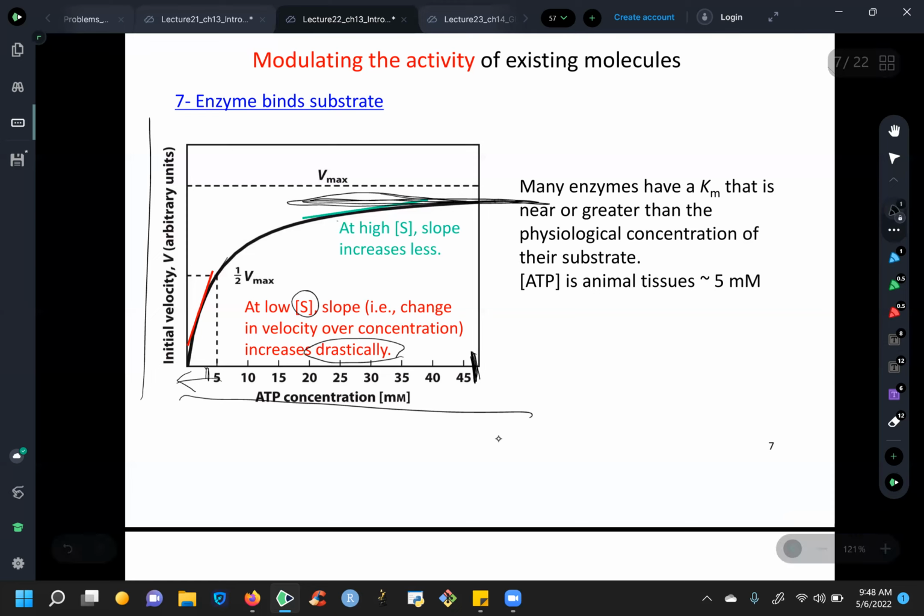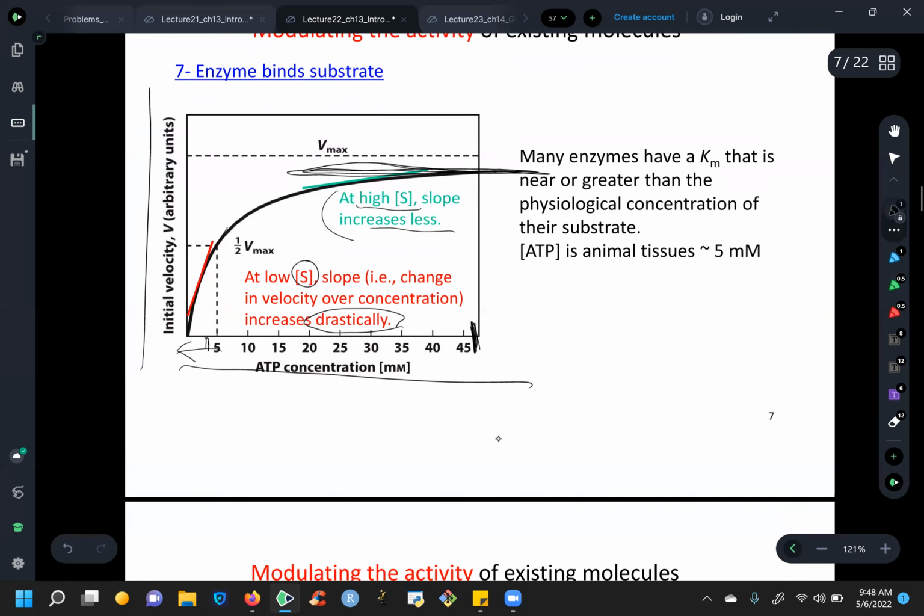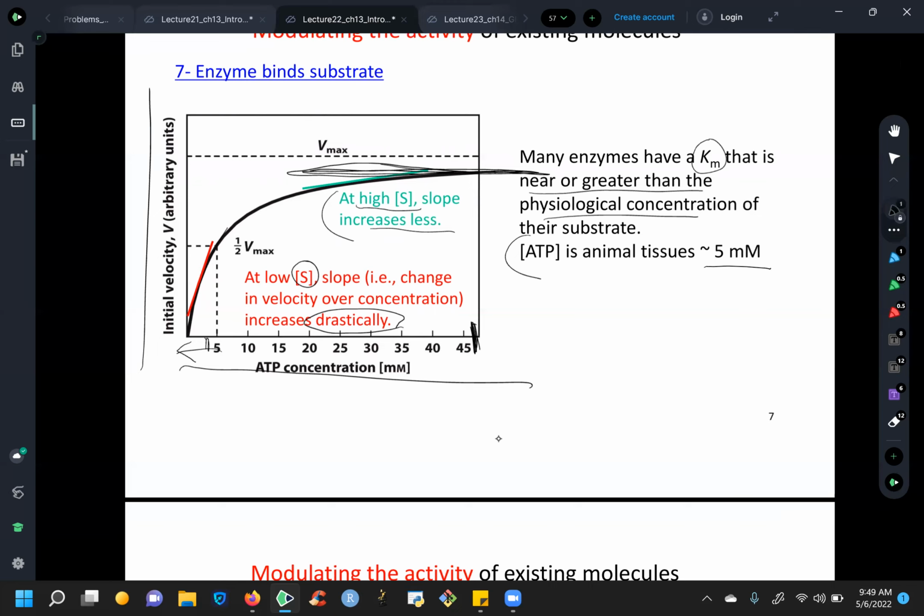That's what it says here. At high substrate concentration, the slope increases less. Many enzymes have a Km that is near or greater than the physiological concentration of their substrate. The concentration of ATP in animal tissues is about 5 millimolar. And here is the Vmax, and half the Vmax. Remember, the Km is the concentration at half the maximum velocity.